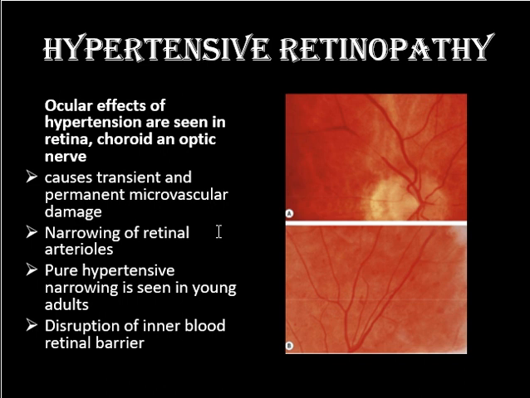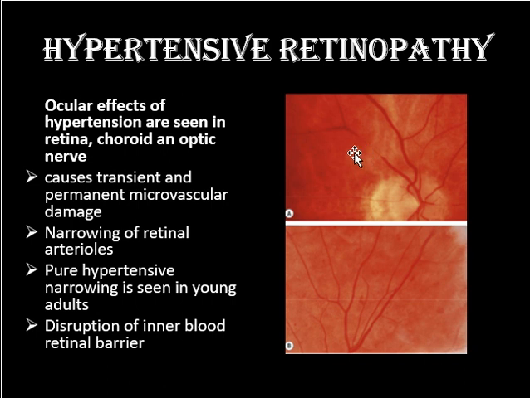Pure hypertensive narrowing is seen in young adults because the process of involutional sclerosis is going on in all people with age. So when you see an area of focal narrowing, that we actually see in young patients, like in these pictures: these are the normal vessels, but in this area there is focal narrowing.